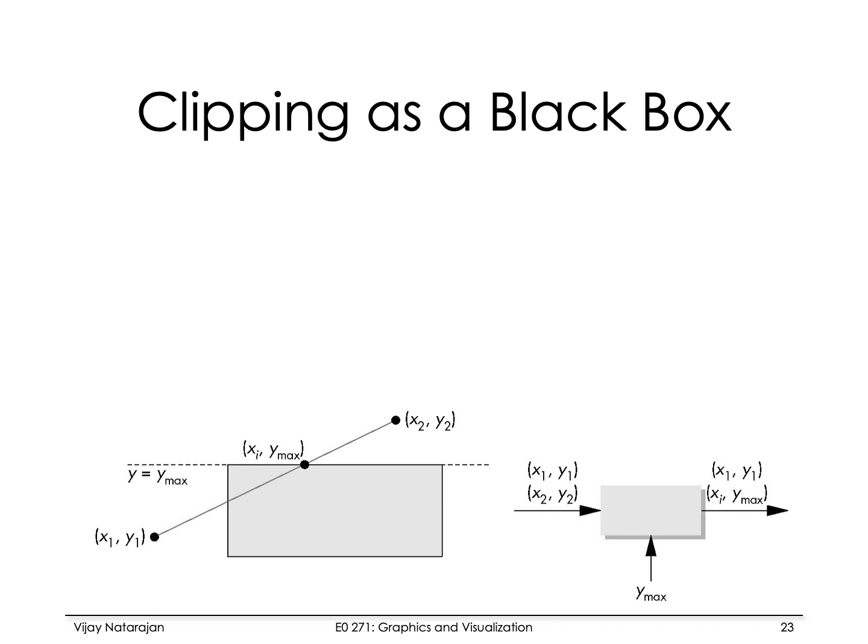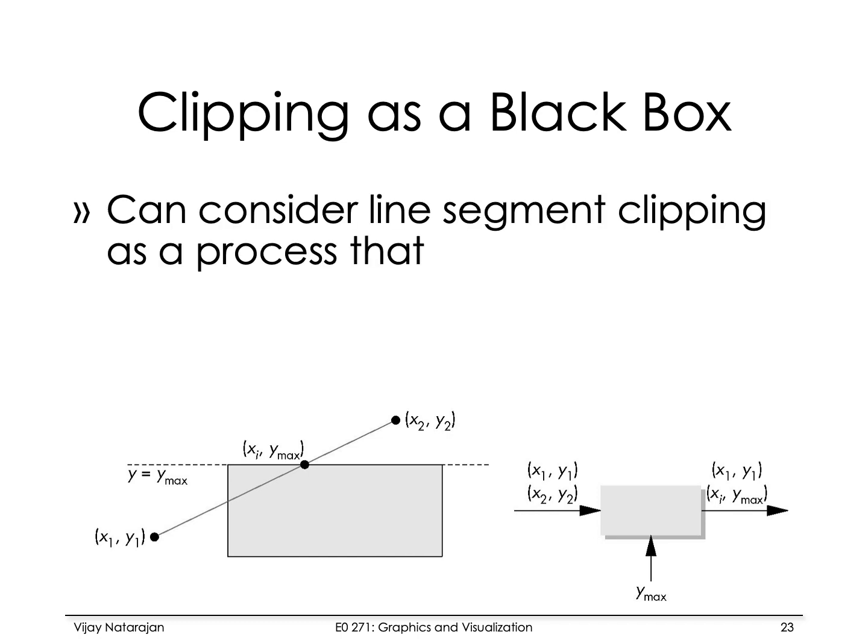So in order to perform polygon clipping, let's think about clipping as a black box. This is a different approach to clipping, different from what Cohen-Sutherland attempted to do. So the idea is this: you want to think about your line segment clipping as a process that takes two vertices in.